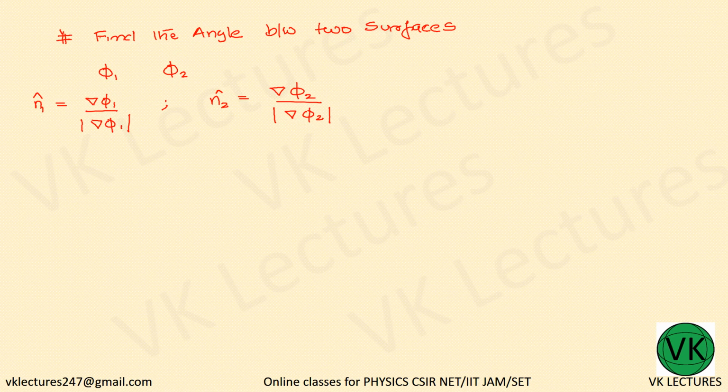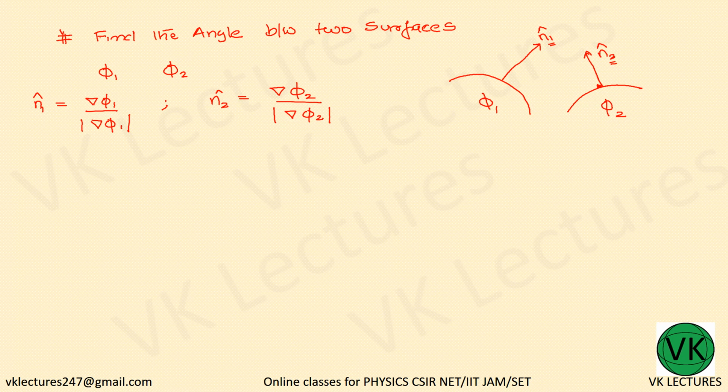Let us say this is the surface phi 1 and this is another surface phi 2. If this is n1 cap and this is n2 cap, and you find the angle between n1 cap and n2 cap, you arrive at the angle between phi 1 and phi 2.